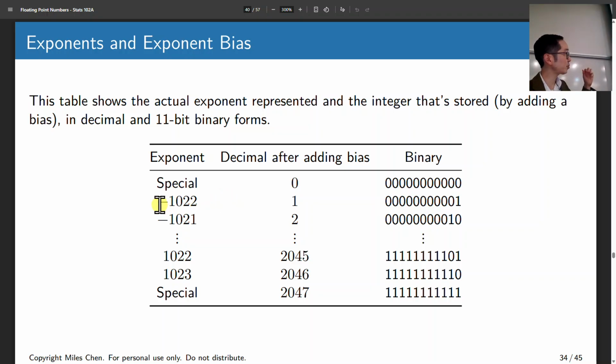So for the actual exponent of negative 1,022, I add a bias of 1,023, and I get 1. 1 in binary is this. Negative 1,021, I add the bias of 1,023, I get 2, and 2 in binary is this. And going to the end, 1,022 plus 1,023 is 2,045. In binary it looks like this. 1,023 plus 1,023 is 2,046. In binary it looks like that.